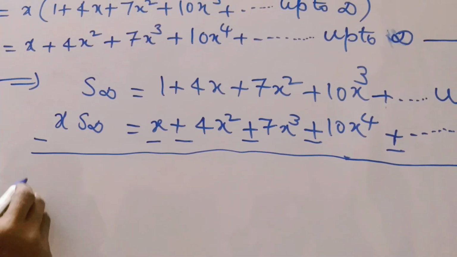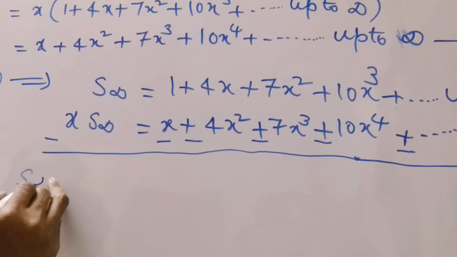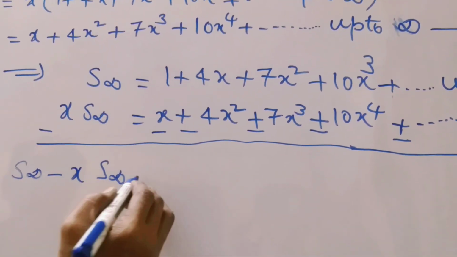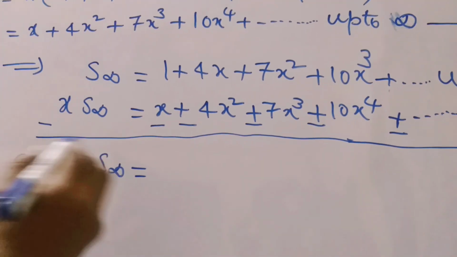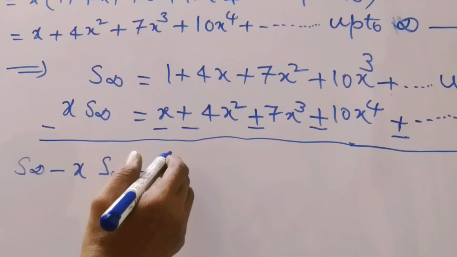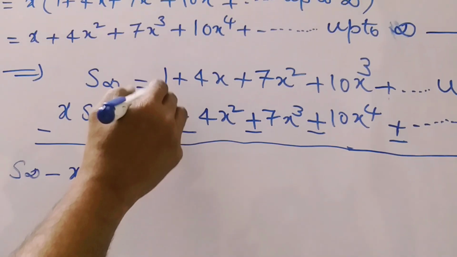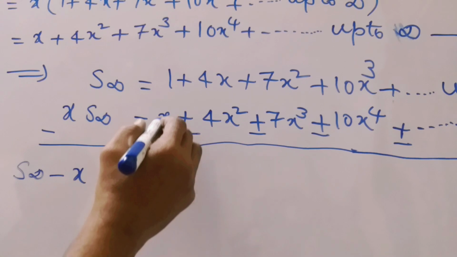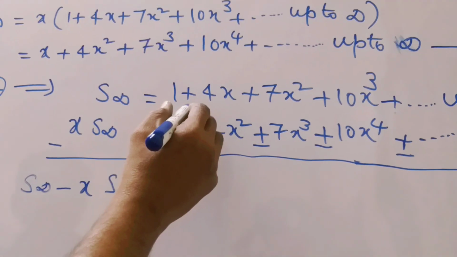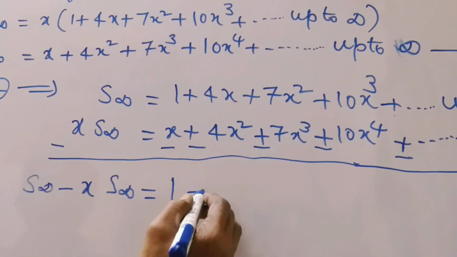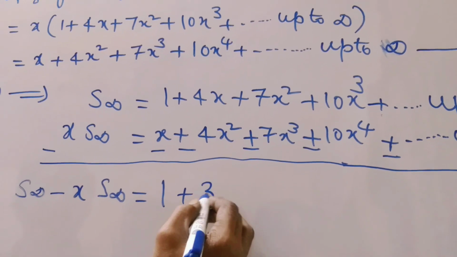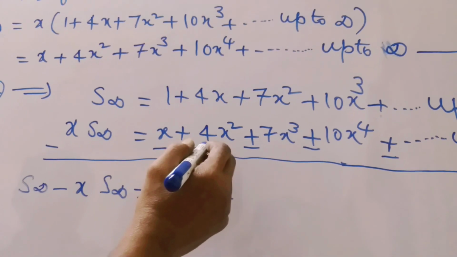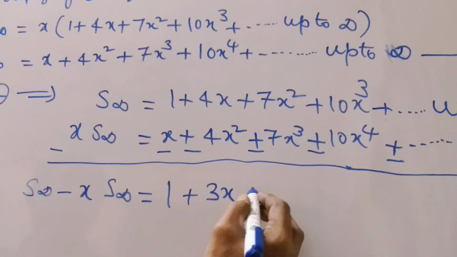So it becomes S infinity minus x into S infinity is equal to, here the constant term is 1, then 4x minus x becomes plus 3x. Here plus 7x square minus 4x square becomes plus 3x square.